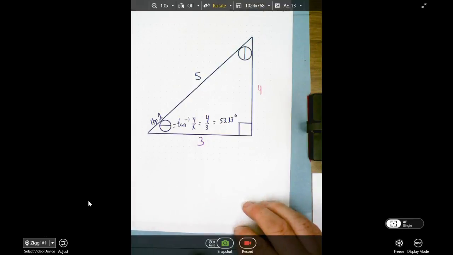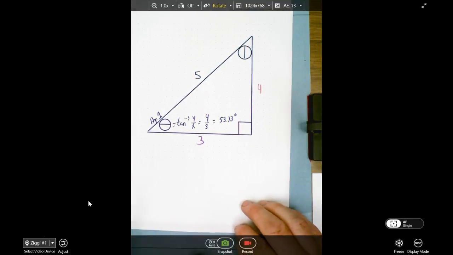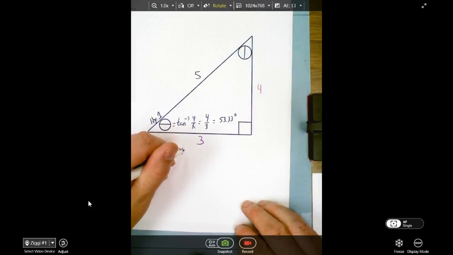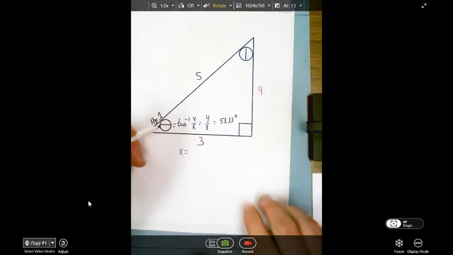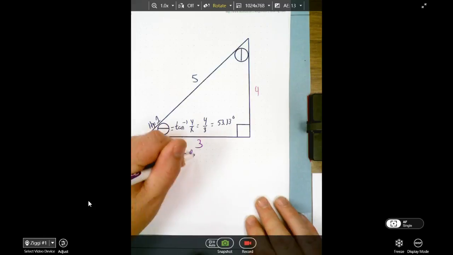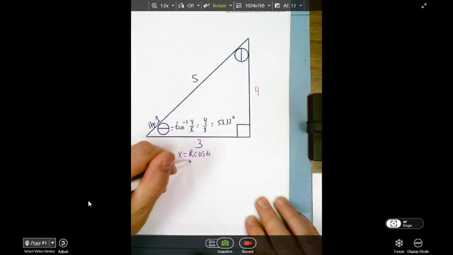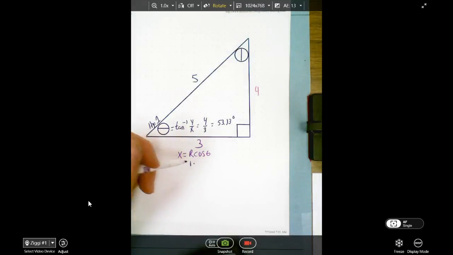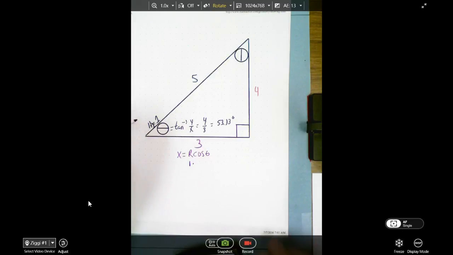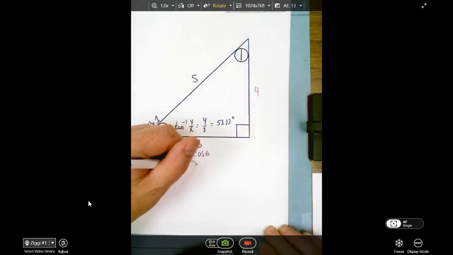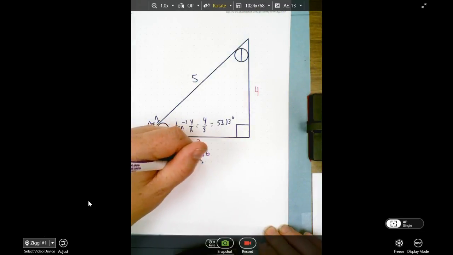Well, let's test this out. I said earlier that x, how much my component in the left-right direction, is equal to r times the cosine of theta. Well, my r, we set it to be 1, so 1 times the cosine of 53.13, right? So if I go cosine 53.13, I get the number 0.6000.